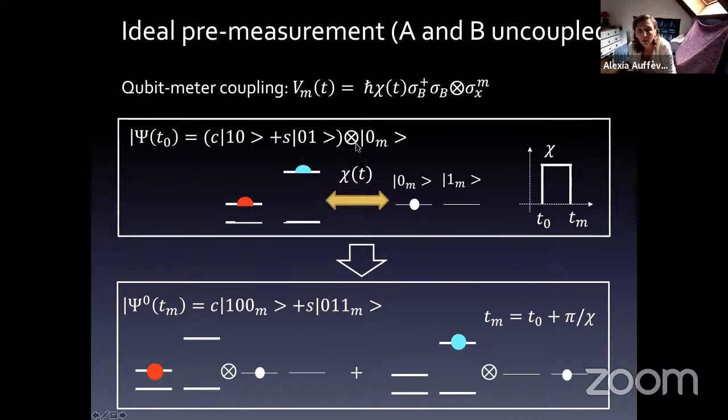We couple them to the meter prepared in some 0 state, which is the initial state. And then after some time, we build a tripartite entangled state or GHZ state where the quantum meter state depends on the state of the blue qubit, as you can see here. And this corresponds to a perfect non-destructive pre-measurement, okay? And the time at which this state appears, we are going to dub it TL.